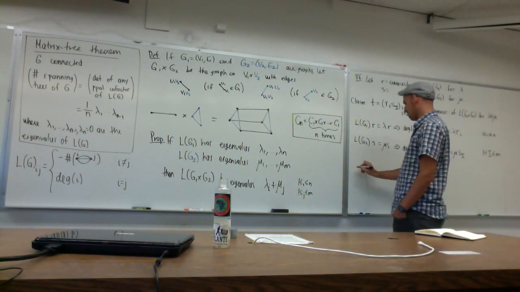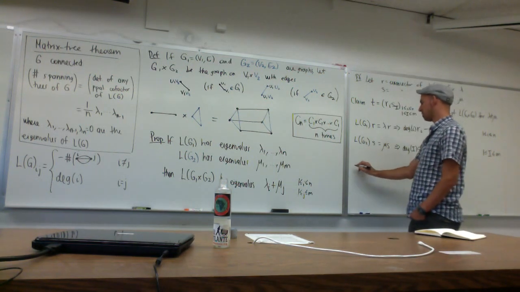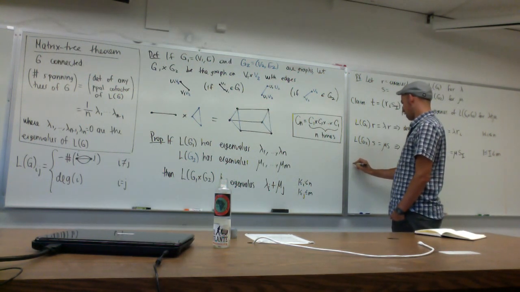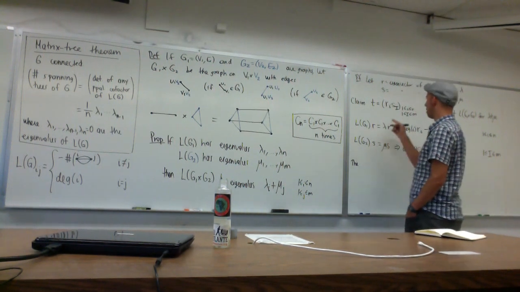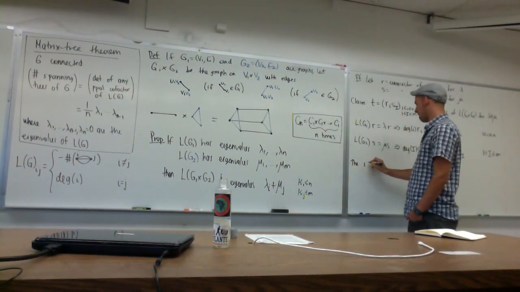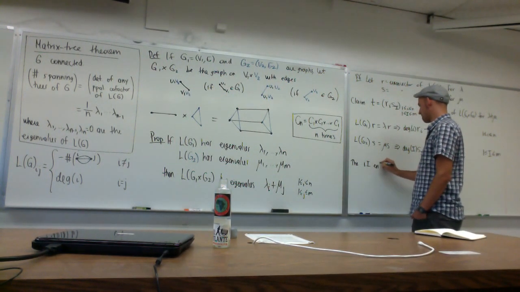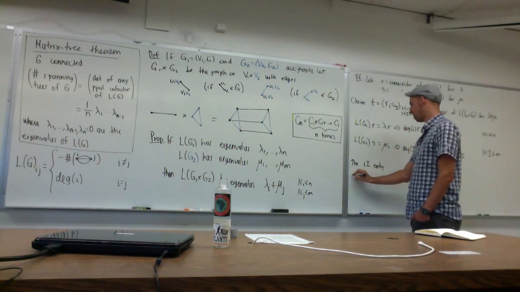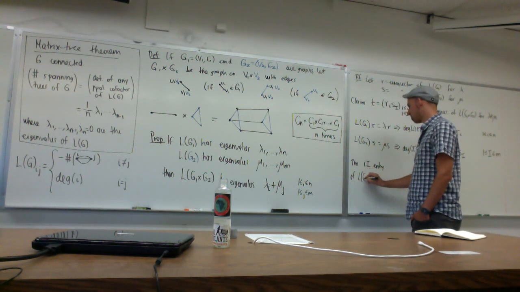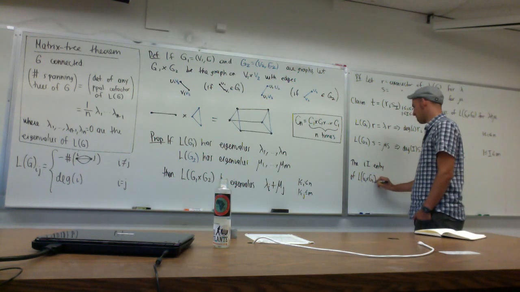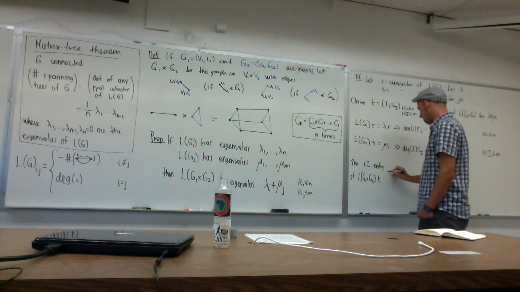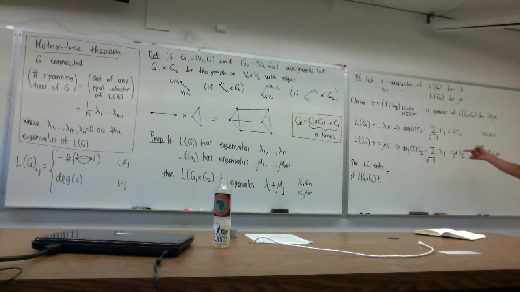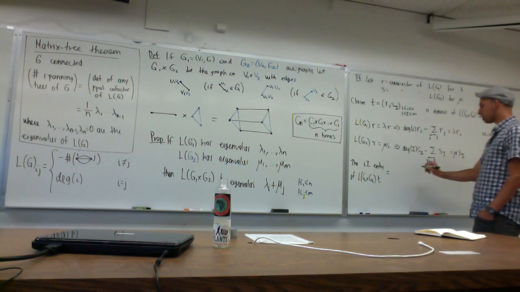So I need to find the I entry of Laplacian of G1 times G2 times T is equal to kind of the same thing, but now for the product graph. Okay?